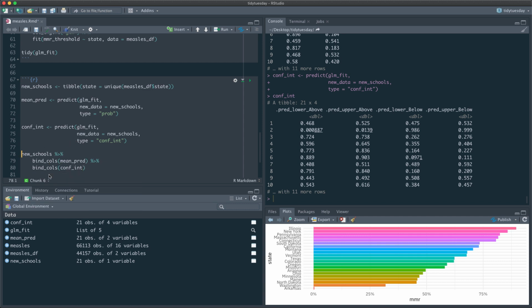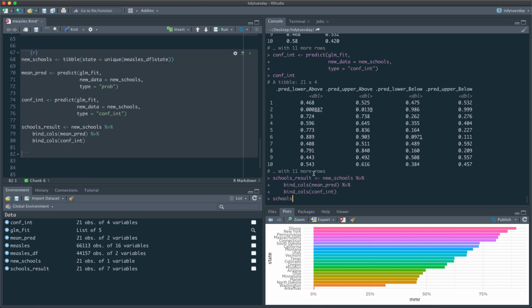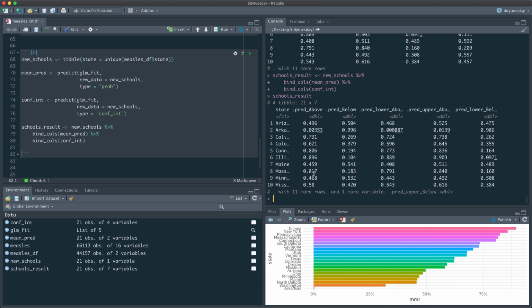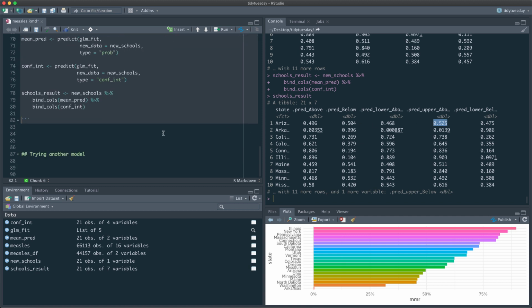And let's call this schools result. Here we go, schools result. So now we have for Arizona the mean prediction here, and then the low and the high confidence interval there.